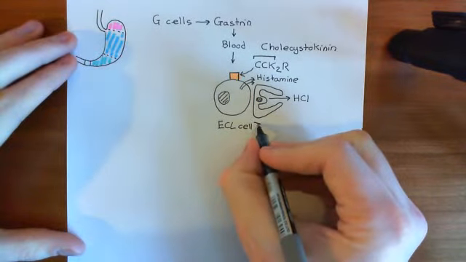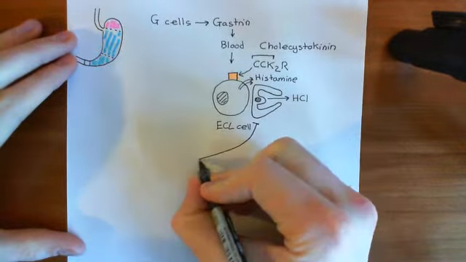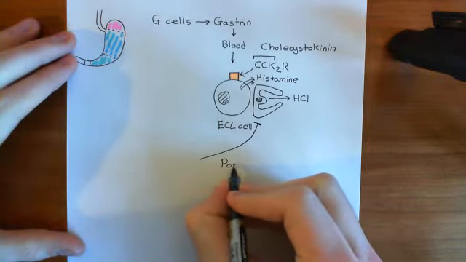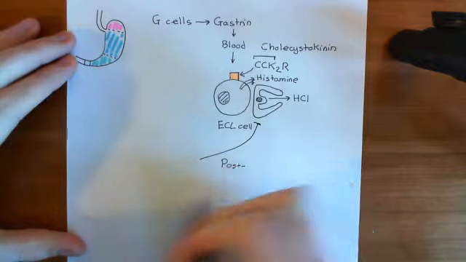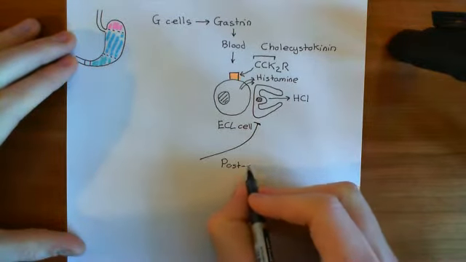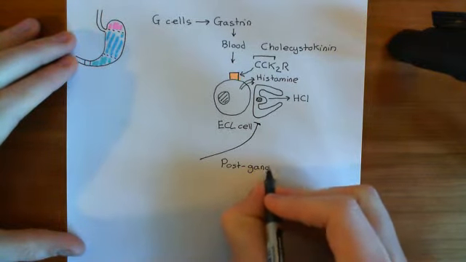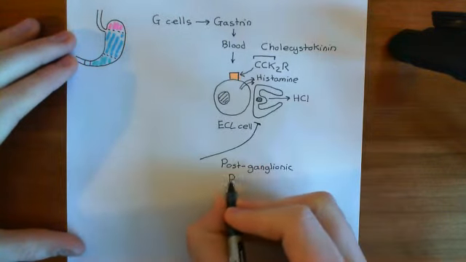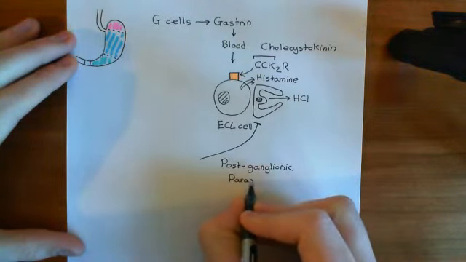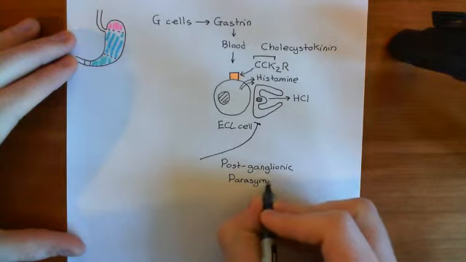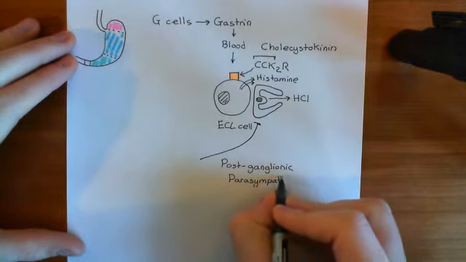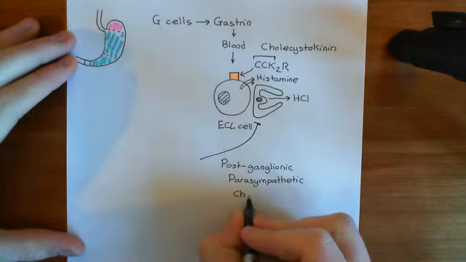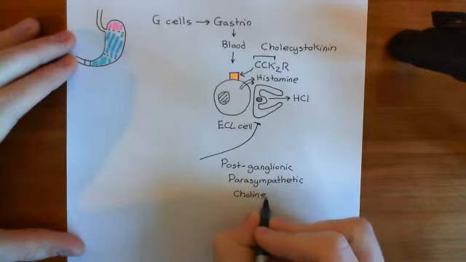So basically, parietal cells are also innervated by postganglionic, which means they're the second neuron, i.e. they're the neuron after the parasympathetic ganglion. Okay, so postganglionic, and then it's parasympathetic, so we're talking about the rest and digest system. Okay, and then cholinergic because they will be secreting acetylcholine. Okay, and then it's a neuron.